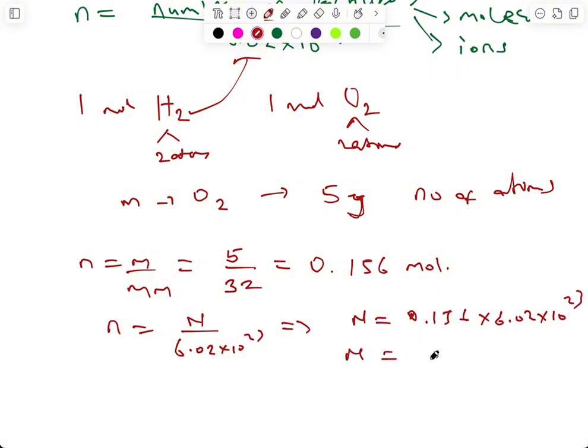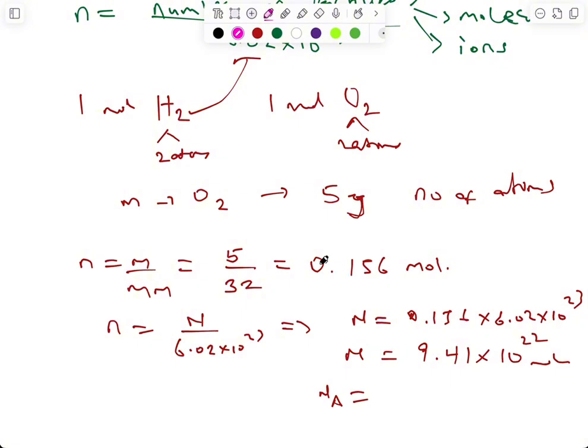Let me quickly multiply that, and that is going to be 9.41 times 10 raised to the power 22 molecules. But inside this particular molecule, there are 2 atoms of oxygen per 1. So therefore, the number of atoms here will be this multiplied by 2.